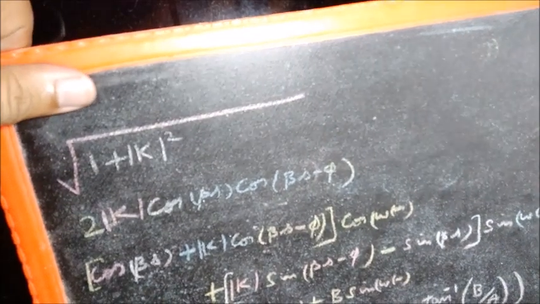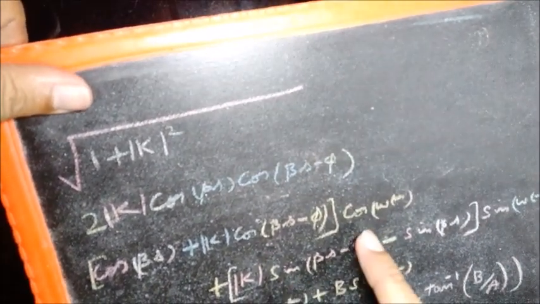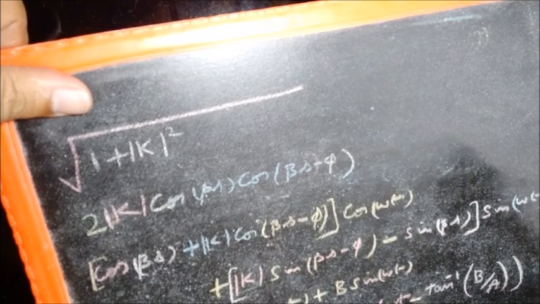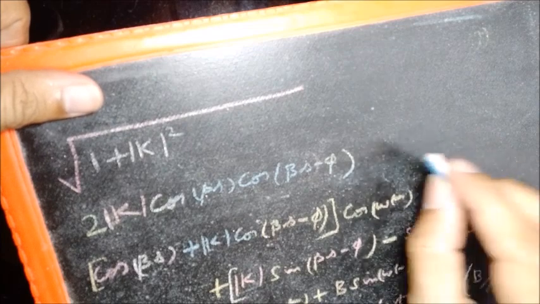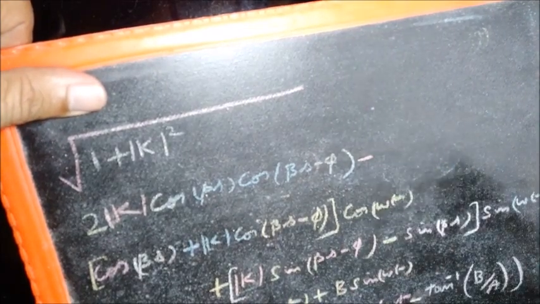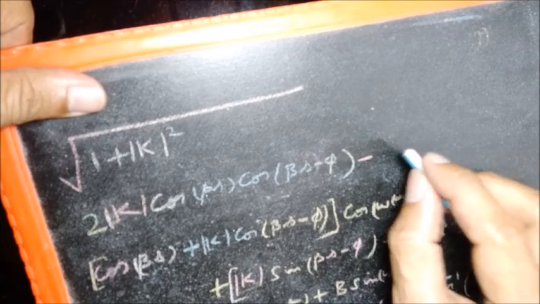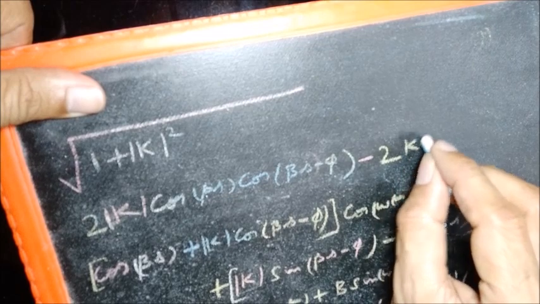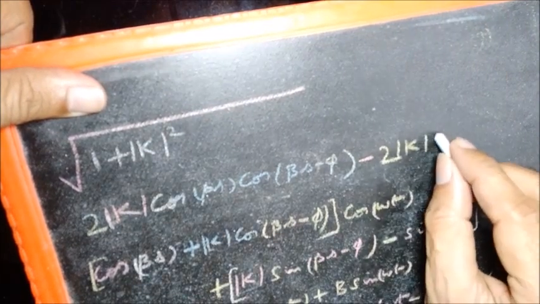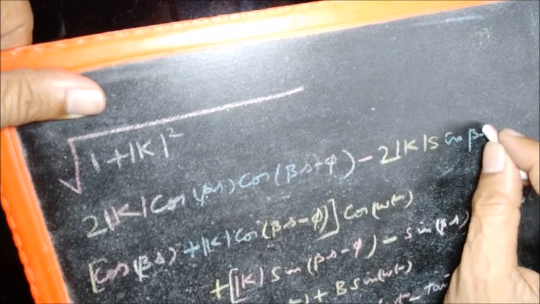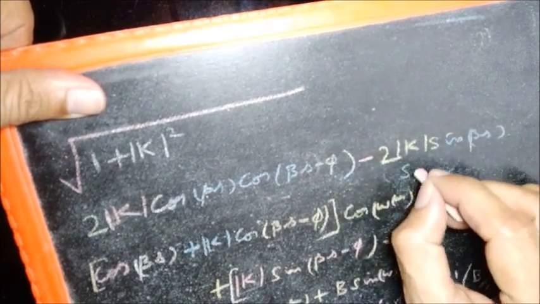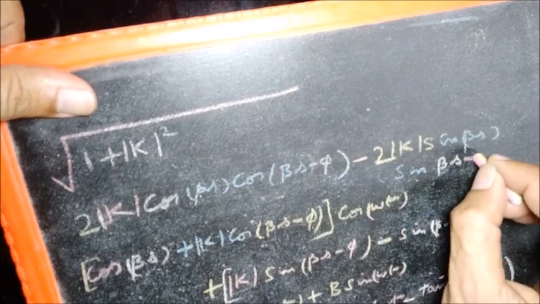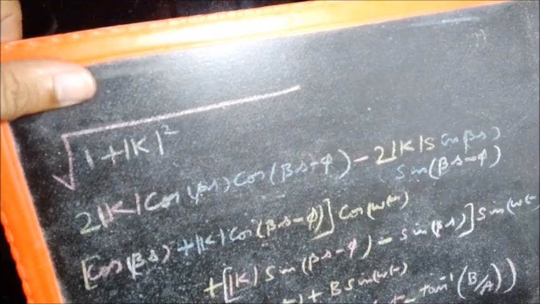Right, and then 2 times this into this with a negative sign, because you are squaring this. And you will get minus 2 magnitude k sin beta s sin(beta s minus phi).